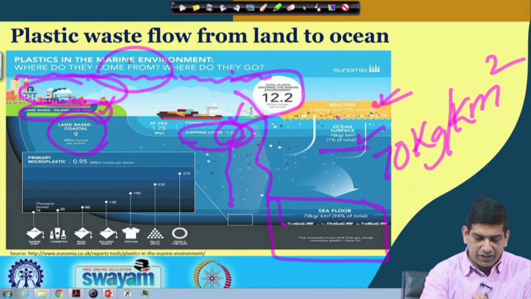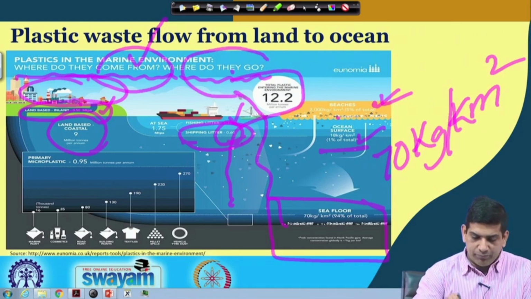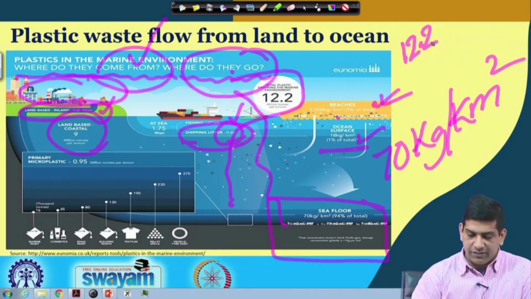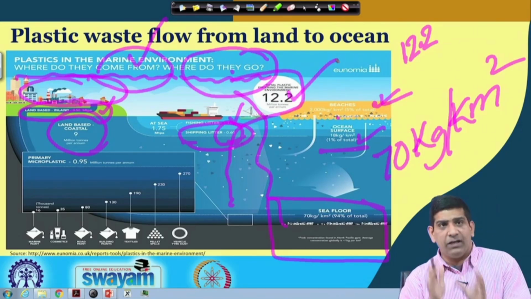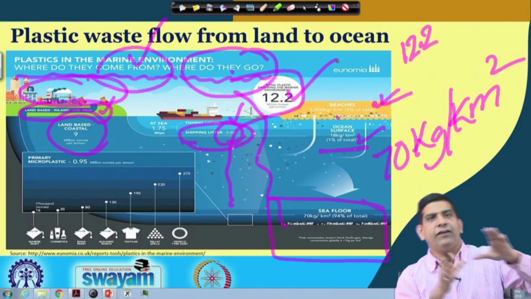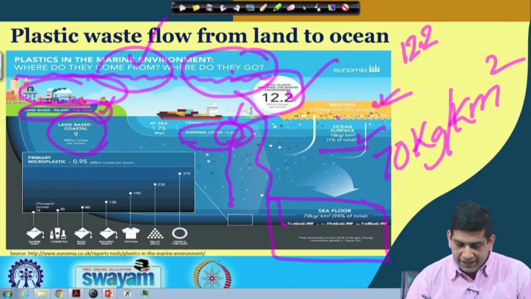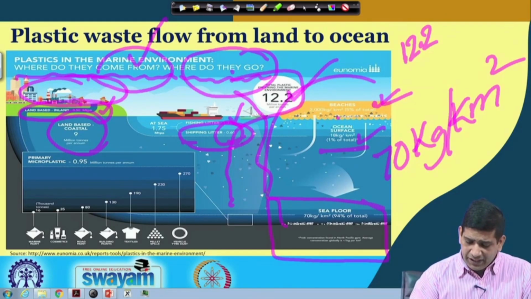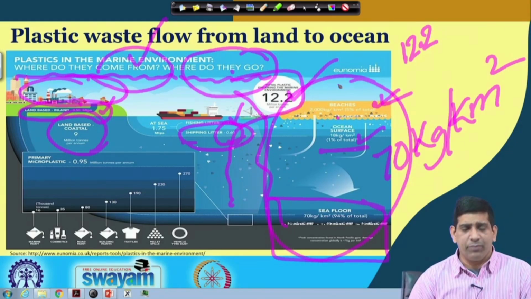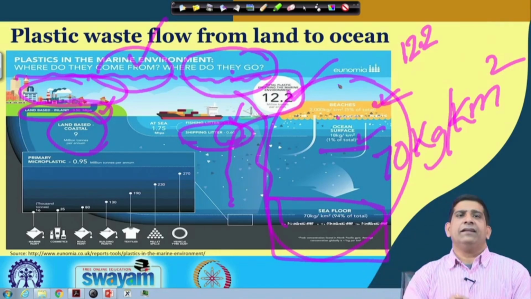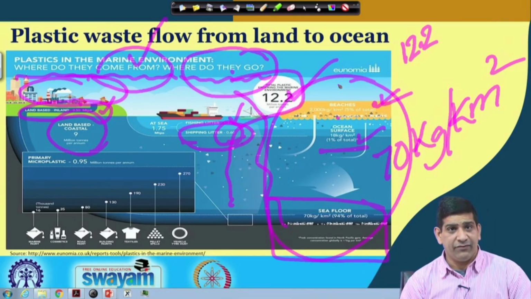The focus is where do they come from and where do they go. So the total plastic entering the marine environment is 12.2 million tons per annum. So 12.2, that is the data right here. 12.2 million tons per annum is coming into the environment and ultimately into the marine environment, and it gets distributed: some stays on the beach, some goes onto the ocean surface and the different layers of the ocean, and finally at the bed of the ocean you have 94%.